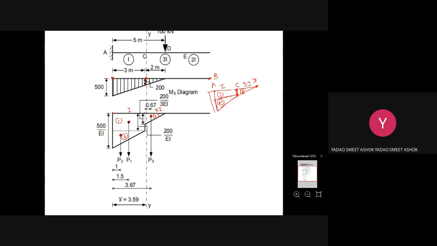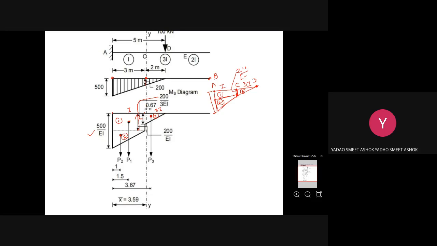The total here is 500 by EI, and this moment at this point is 200, so this magnitude will become 200 by EI.